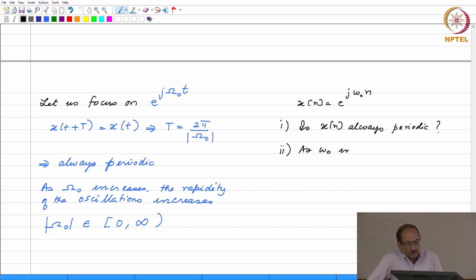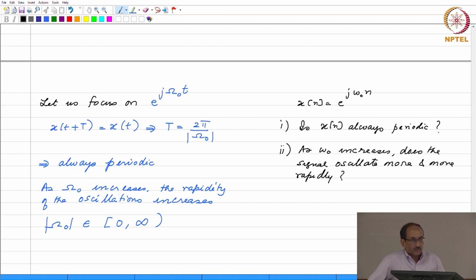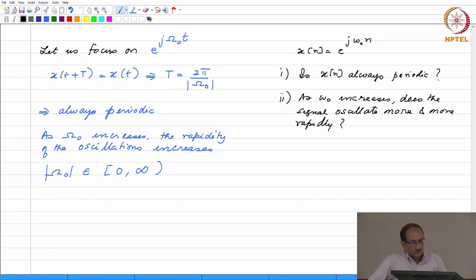And as omega naught increases, does the signal oscillate more and more rapidly? So these are the counterparts of the questions that are clear for the continuous time case.